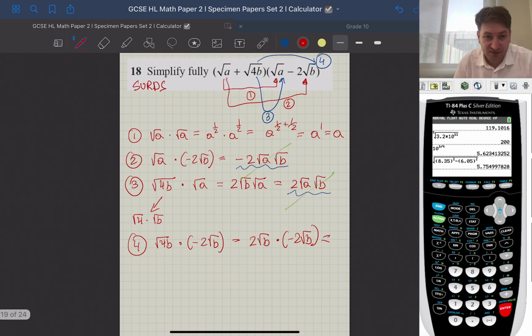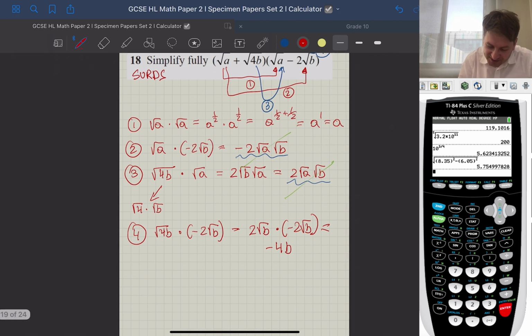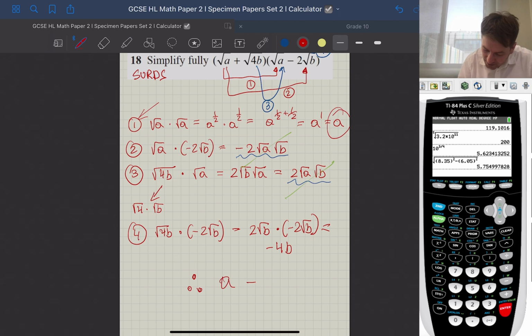Well, this is going to give me simply minus 4b. Root b times root b is the same situation as this one, so that's just b, and 2 times minus 2 is minus 4, so minus 4b. Therefore, our answer is what's left, which is a minus 4b. Bam! That was a nice and quick one for 18.